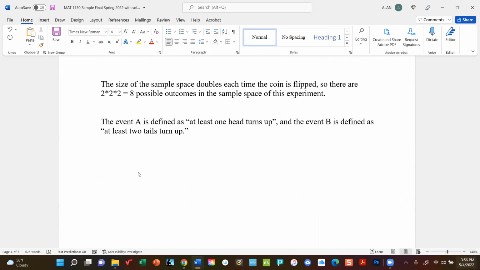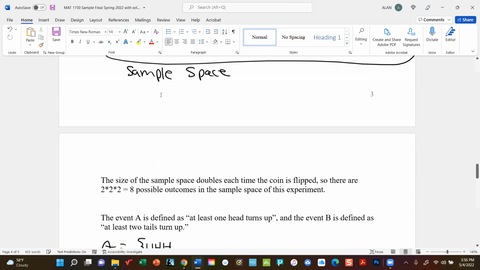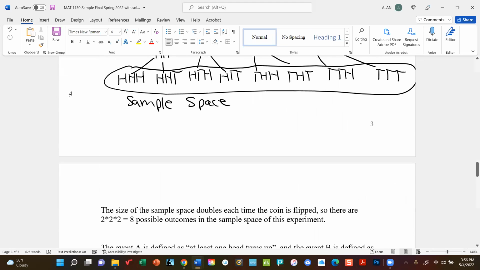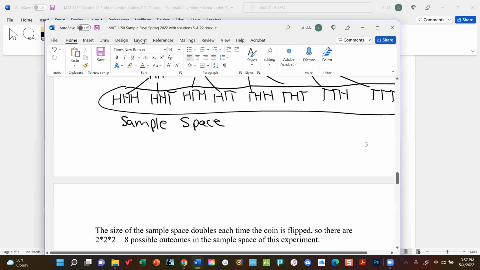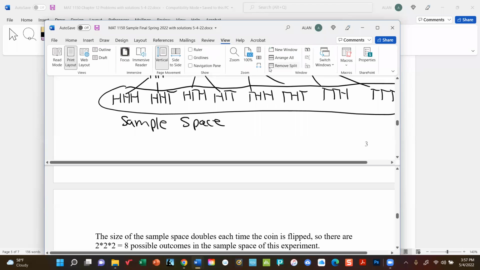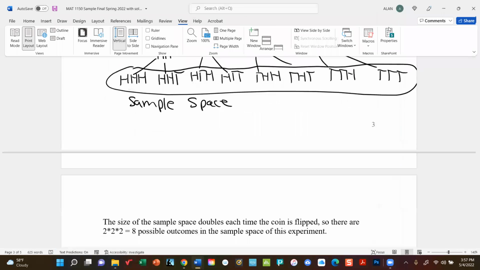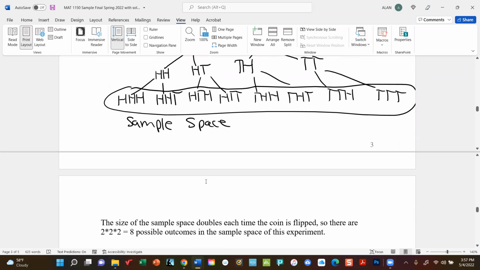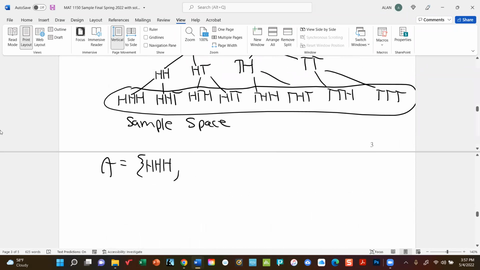Okay, so A could be written as, and we could just borrow them. Let me split the screen so you can see this. All right, so I'm just going to copy every one of them except the 3 tails.